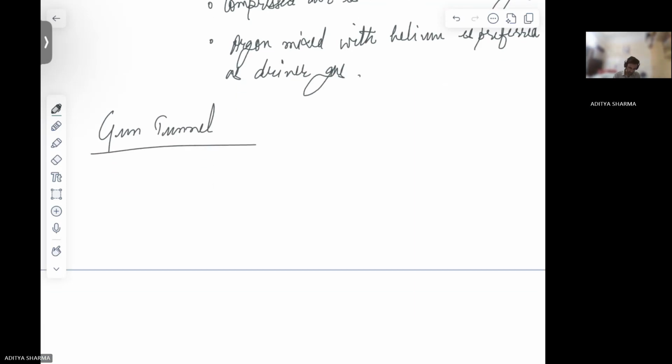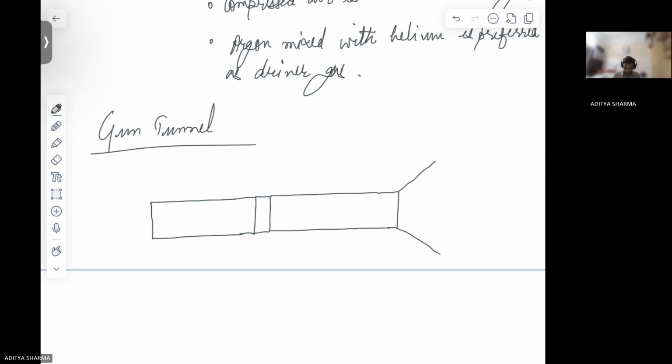Let's draw its schematic. So this is your driver tube.